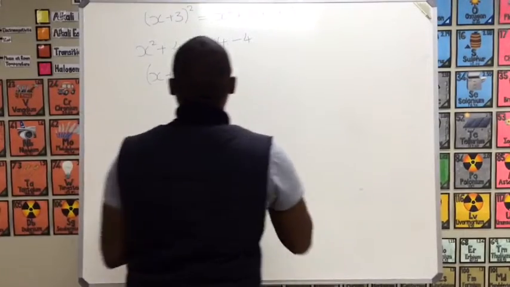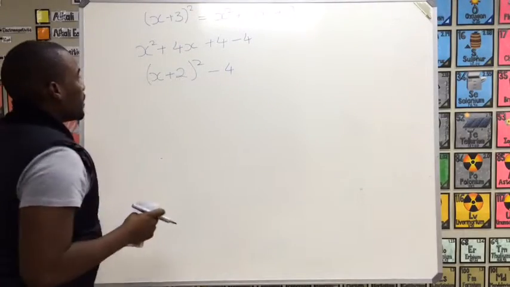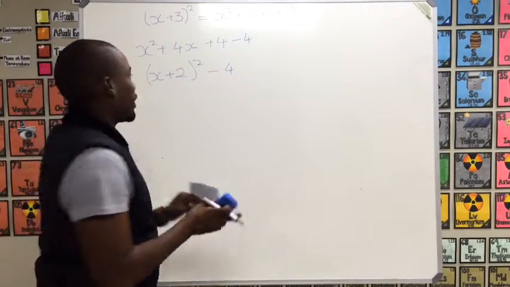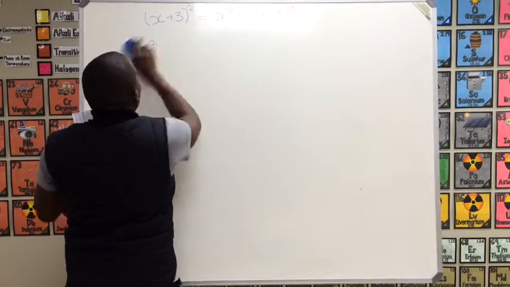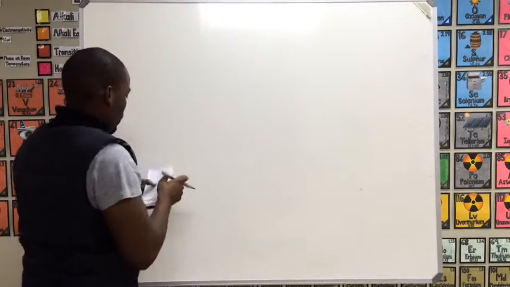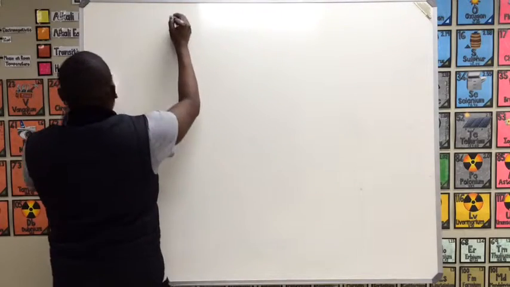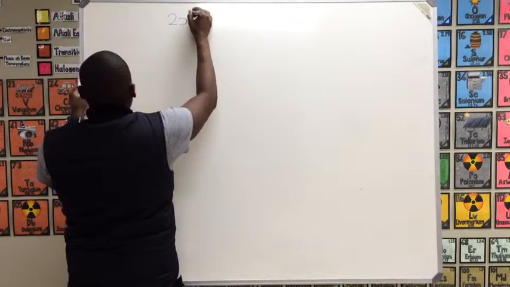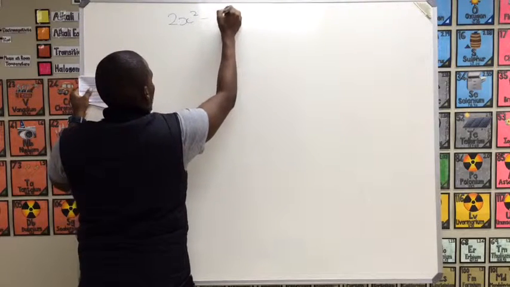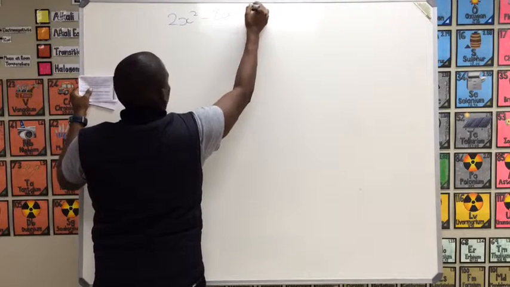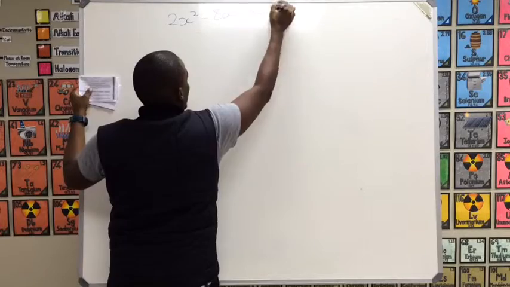Now let's look at an example of doing this in the case where we need to solve for x. So let's say we were given the following: 2x squared minus 8x minus 6 equals 0.